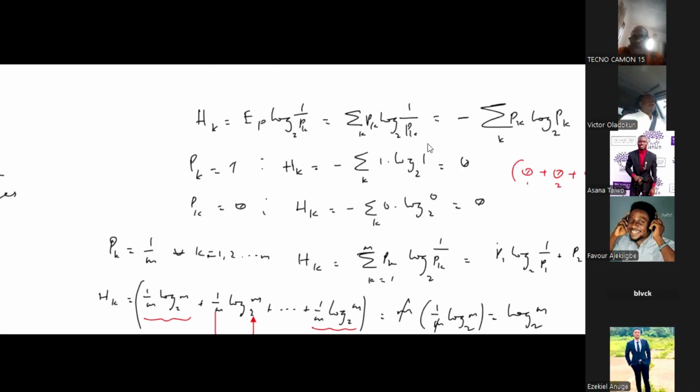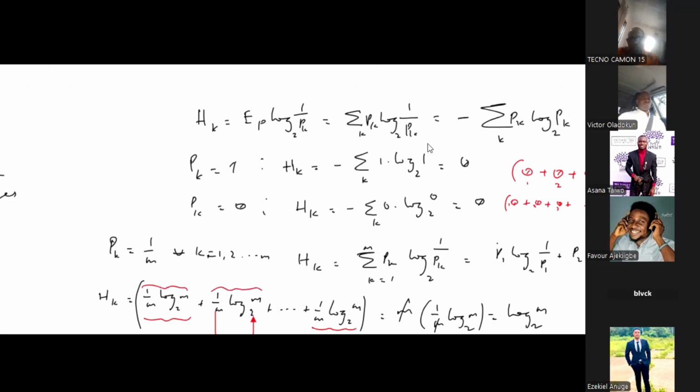Now, what if I have 1 coin plus 2 coins plus 3 coins, all the way to n coins? I don't know this number. This is 1 coin, 2 coins, 3 coins, up to n coins. If I want to count this, how many coins do I have? We have n coins. Exactly. So here we have 1 over m log m base 2. This is one coin, this is another one.